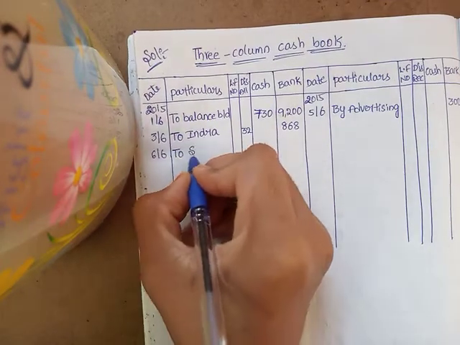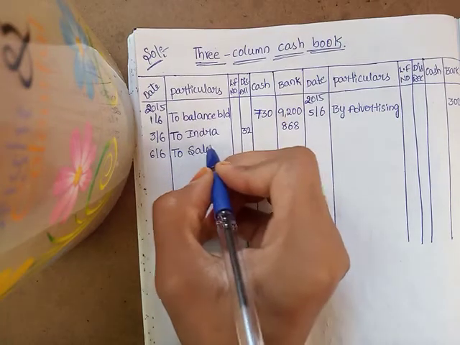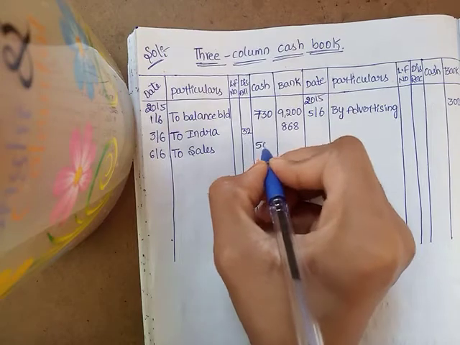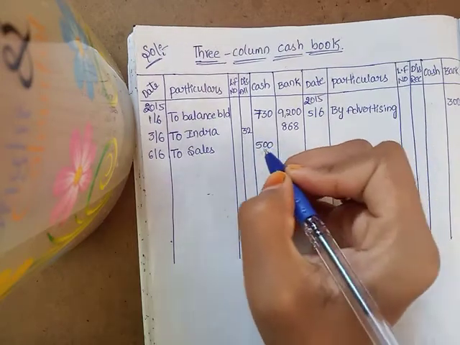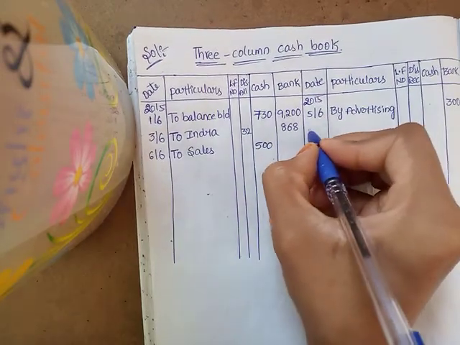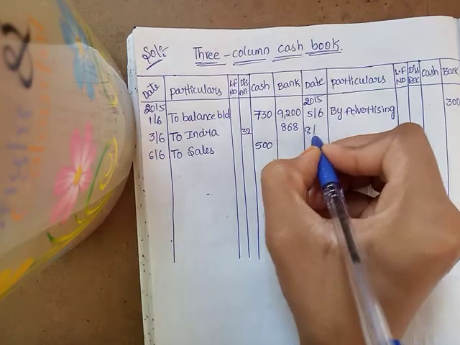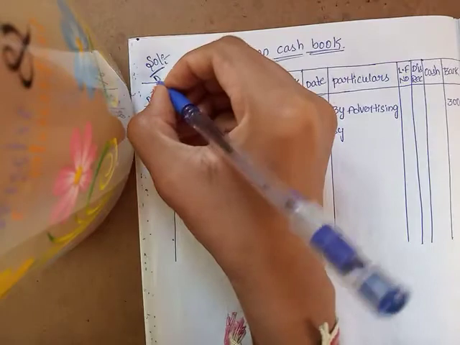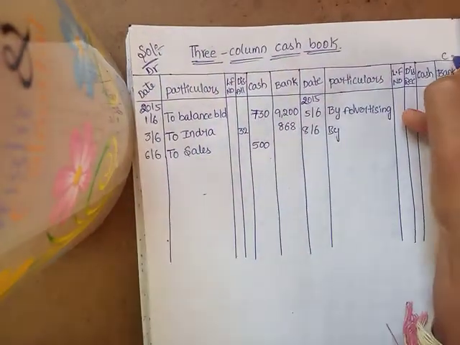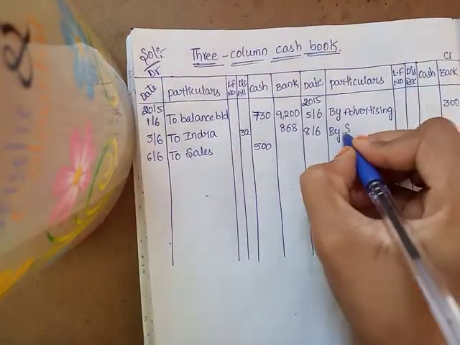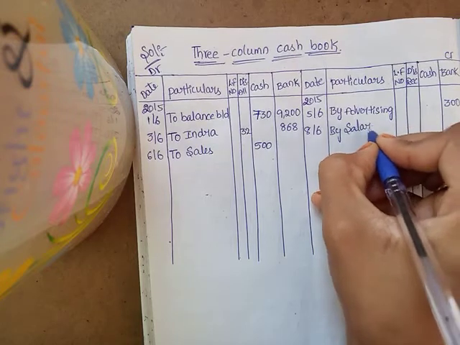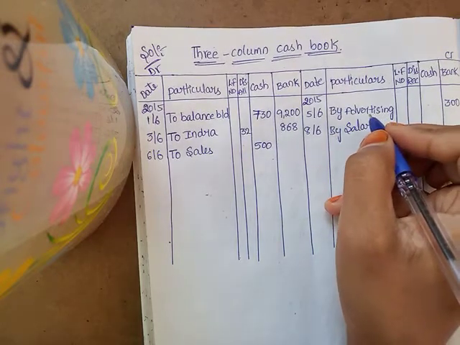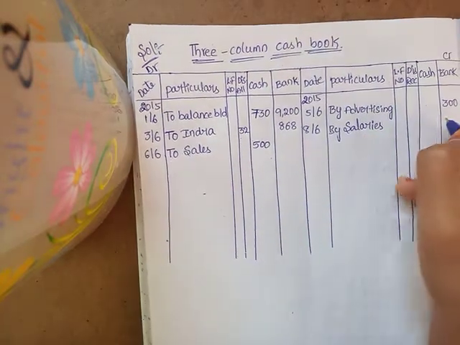To sales rupees 500. Paid salaries, a payment, so that's why credit. By salaries rupees 650.